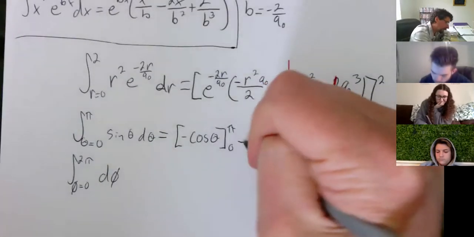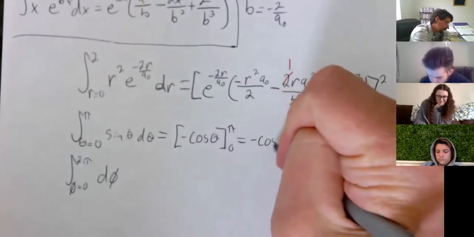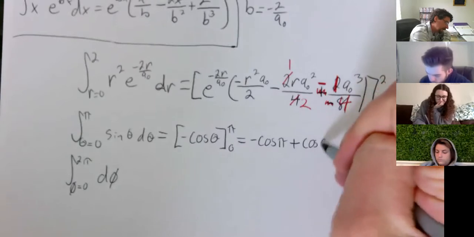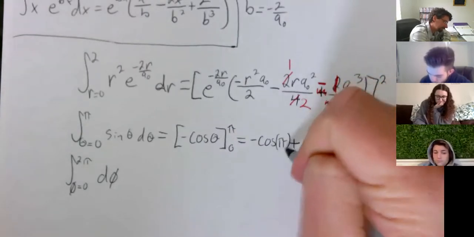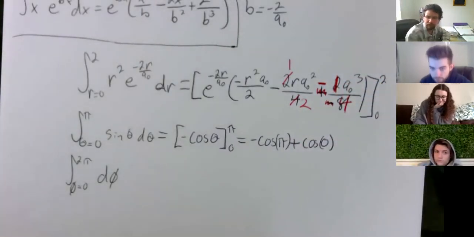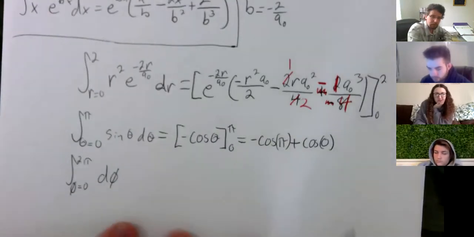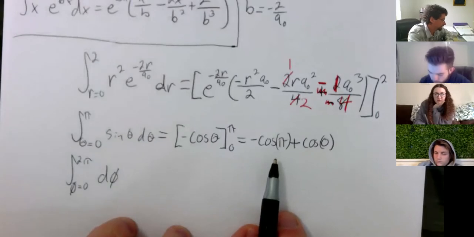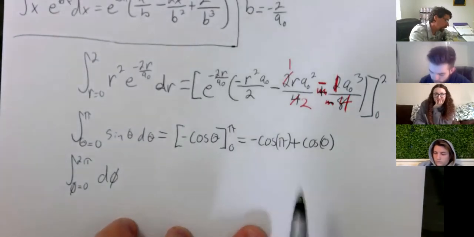So if we write that out, it should be negative cosine pi plus cosine of 0, right? Okay, cosine of pi, isn't that negative 1? Yep, that one's negative 1.